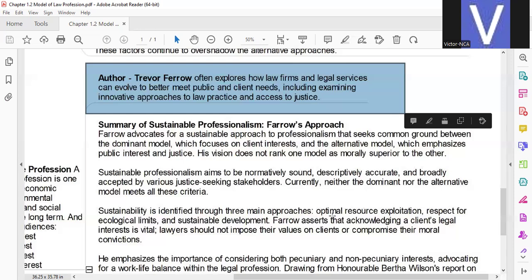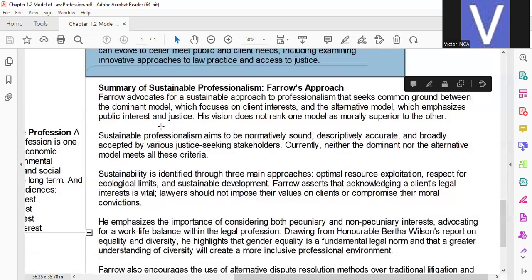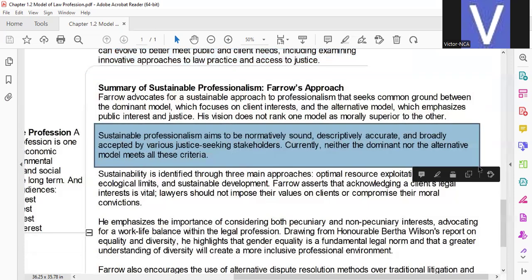His vision does not rank one model as morally superior to the other, and he talks about sustainable professionalism, which also aims to be normatively sound, descriptively accurate, and broadly accepted by various justice seeking stakeholders. Therefore, currently neither the dominant nor the alternative model meets all these criteria.